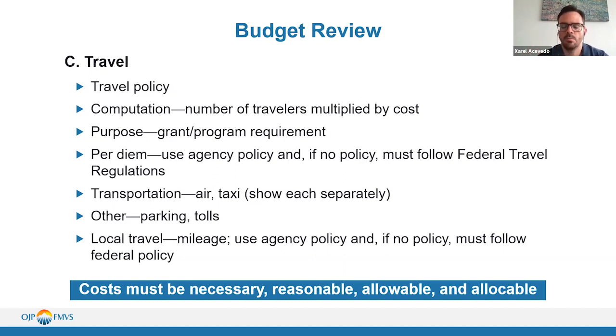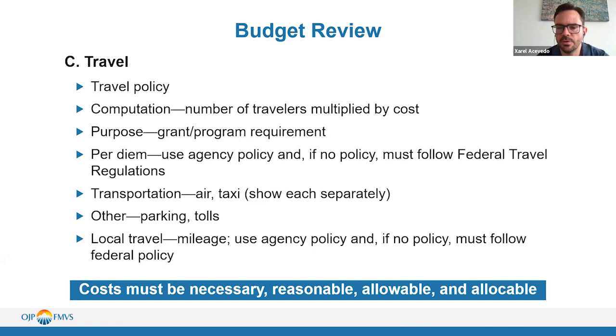So what we recommend is that you go into a travel site that can give you a pretty good approximate of what those actual values are going to be. So then when we review your budgets, we can say, okay, it's justified, it's comparative in this site.